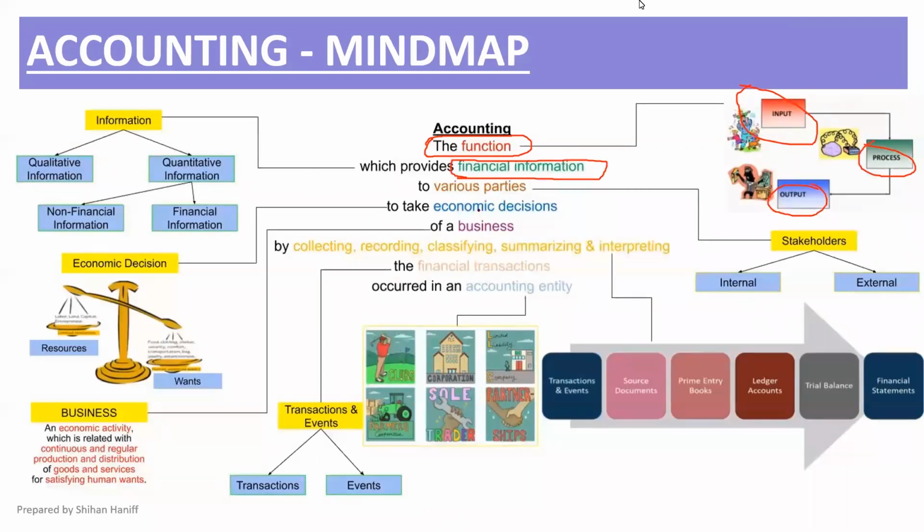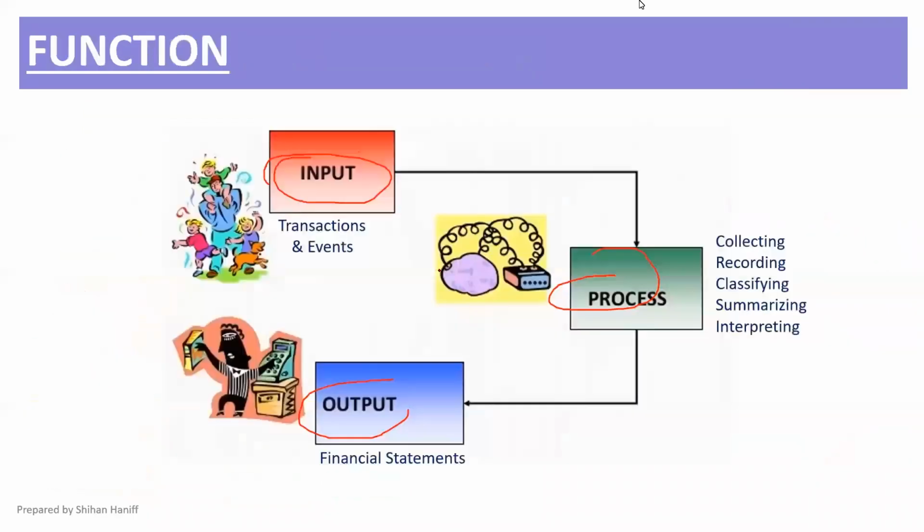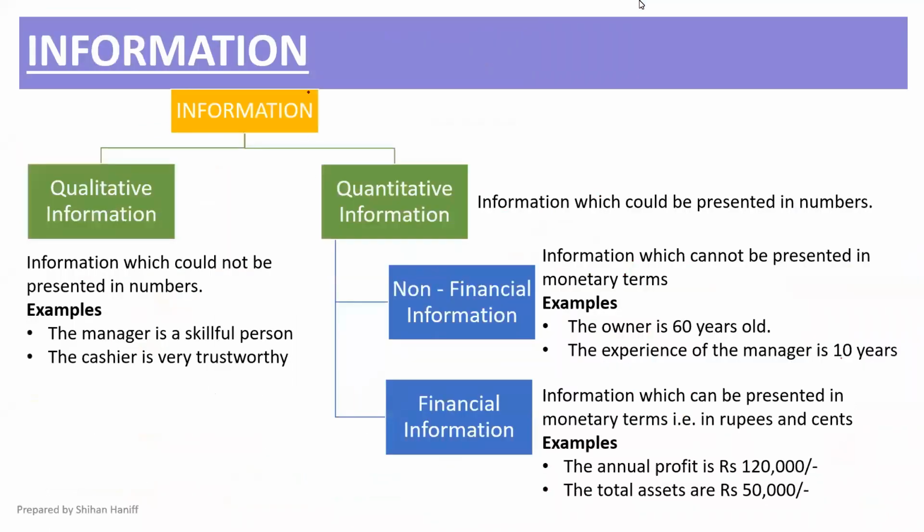So what is meant by financial information? Just go through with information. So we know what is meant by information. Information means it's processed data which is used for decision making, right? If you want to make any decision, you use information.